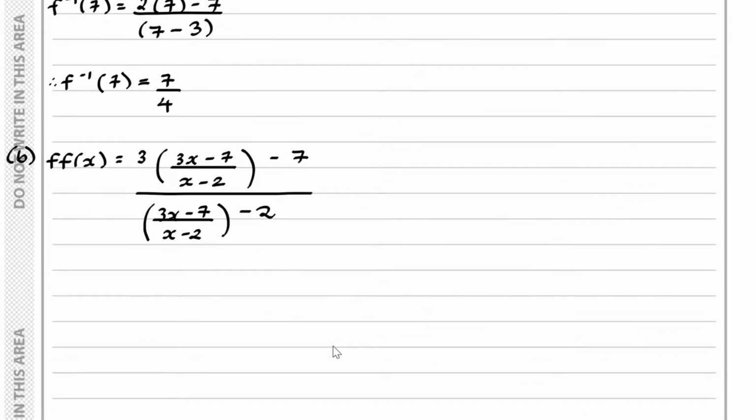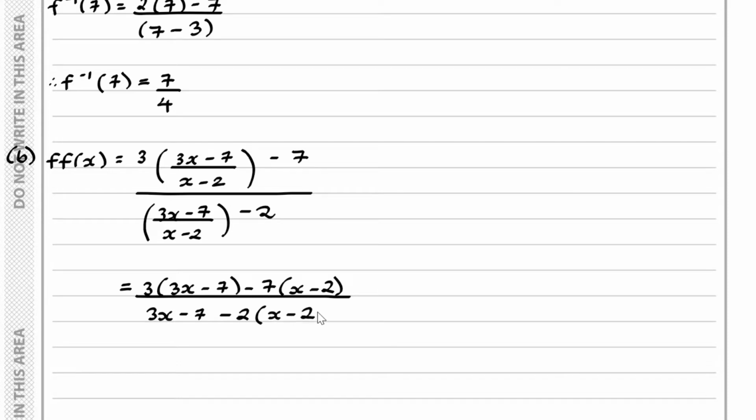And if we tidy this up, we can multiply both the top and bottom by x minus 2. So we have 3 lots of (3x minus 7) minus 7 lots of (x minus 2), over (3x minus 7) minus 2 lots of (x minus 2).